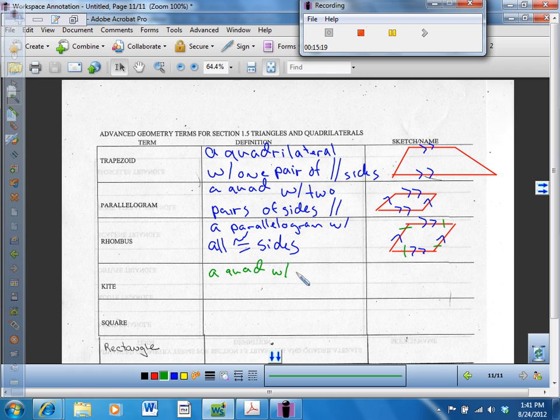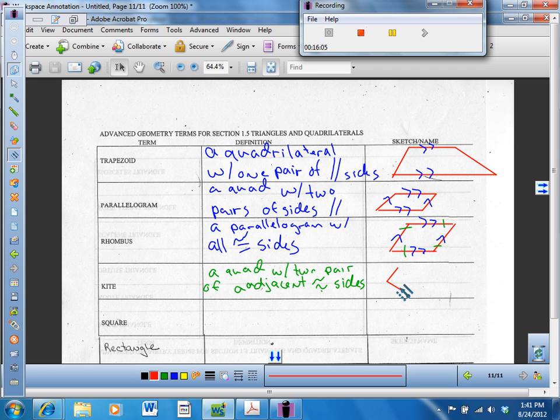So it's a quad with two pairs of adjacent, congruent sides. Okay? Adjacent, congruent sides.